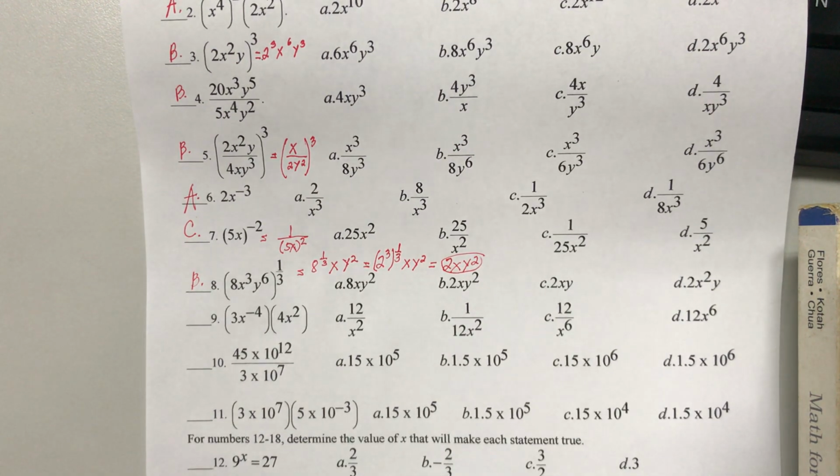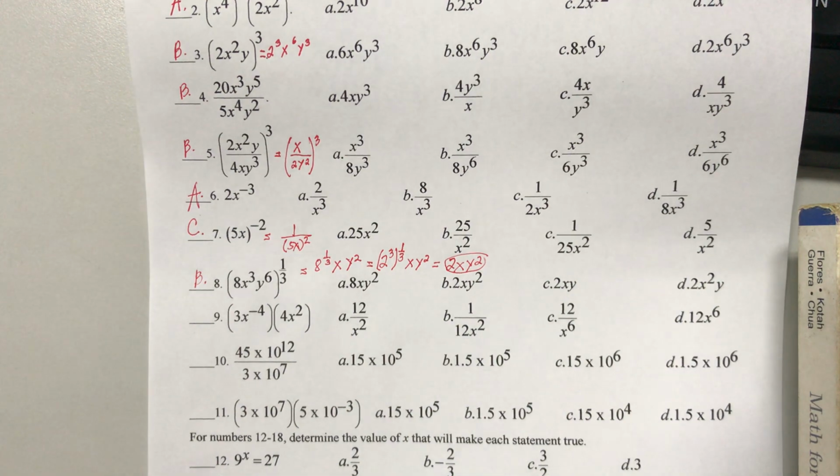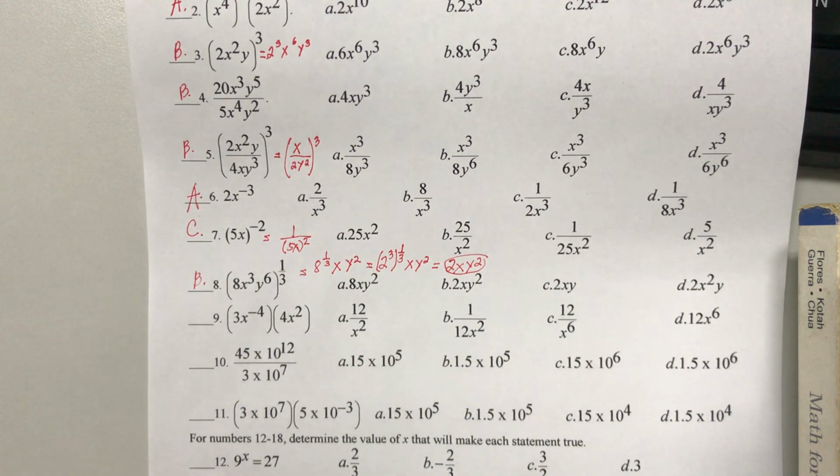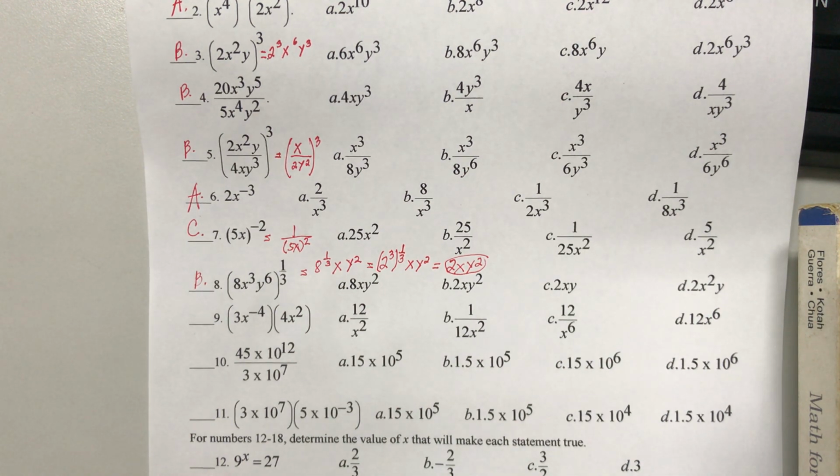Okay, number 9. I hope you're able to follow. Number 9. Find the product of 3x to the power of negative 4 and 4x squared. So you simply have to multiply the numerical coefficients 3 and 4. So that's 3 multiplied by 4 is 12. Okay, that means that we have to take out letter B as one of the possible answers.